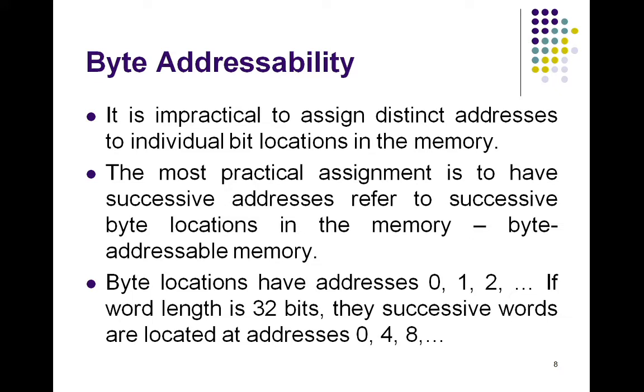So in the case of a 32-bit computer, the word is of 4 bytes, where each byte is of 8 bits. A byte is always 8 bits, but the word length will typically vary from 16 to 64 bits. So it depends on the machine. If the word length is 16 bits, then the word is 16 bits. If it is 64 bits, then the word length is 64 bits.